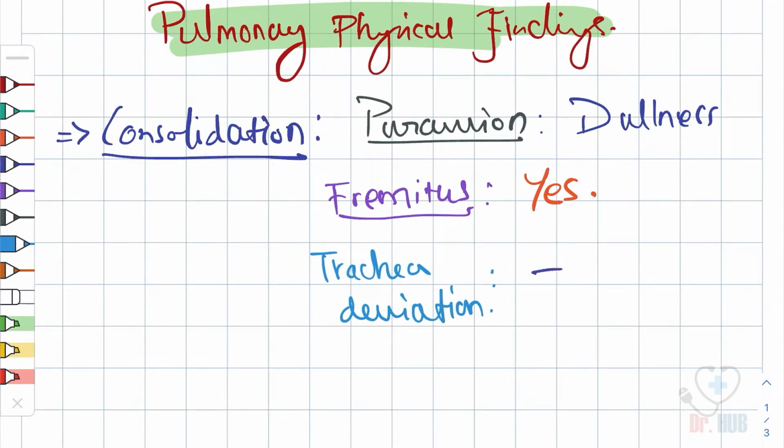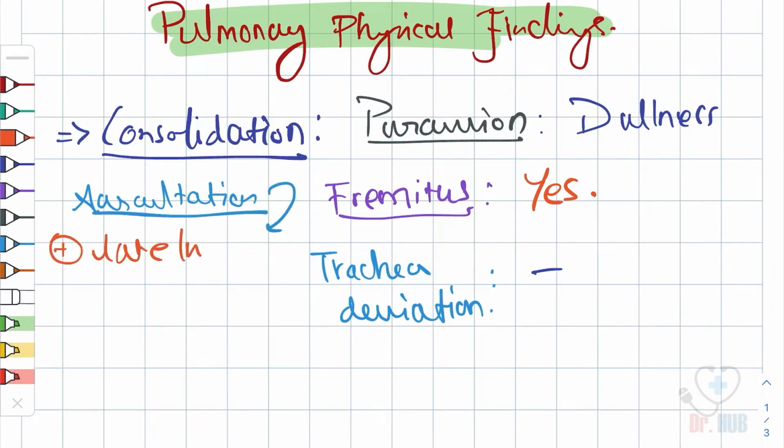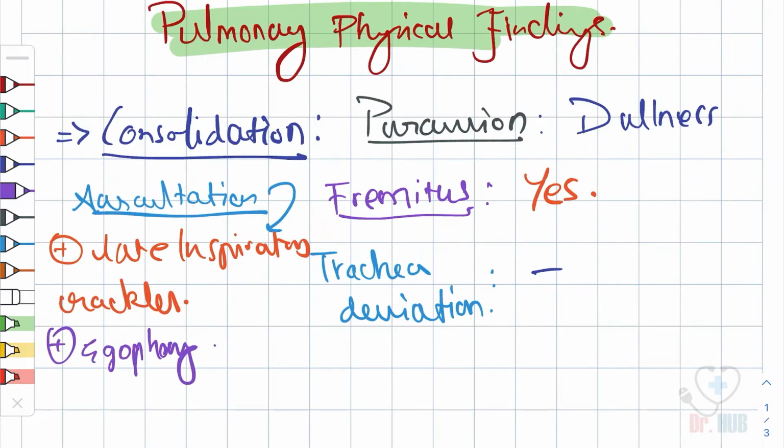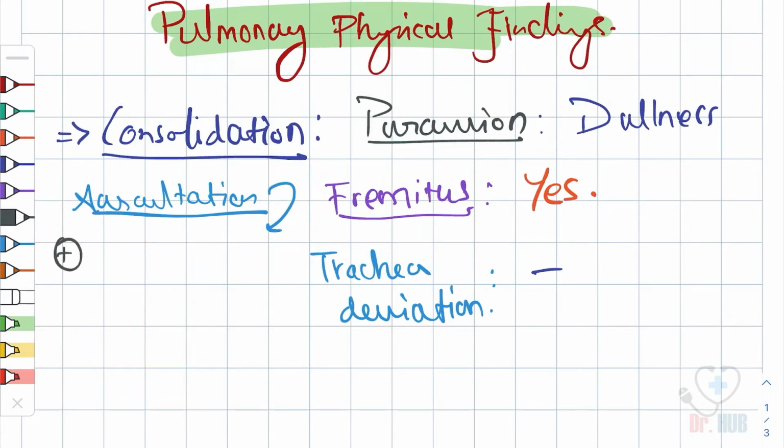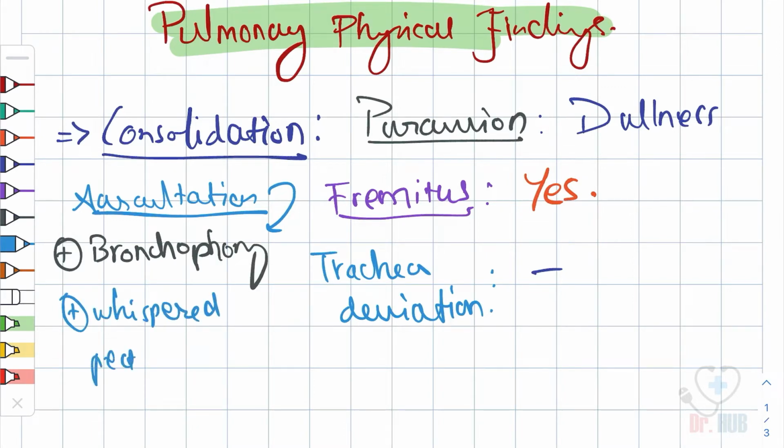Now looking at the auscultation findings, there is positive late inspiratory crackles, and there is positive egophony. Looking at other auscultatory findings, there is positive bronchophony and positive whispered pectoriloquy.